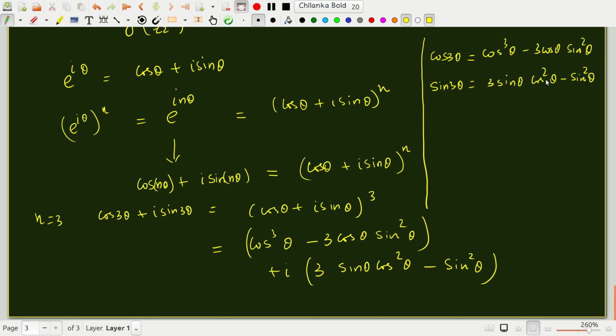So you can get trigonometric identities in a very easy manner if you use de Moivre's formula for complex numbers, and the fact that e to the i n theta is cos n theta plus i sin n theta. Okay, so just give me 1 minute.